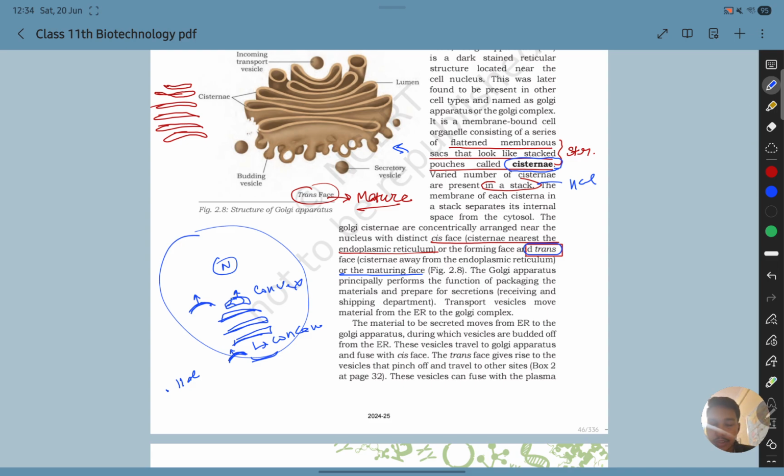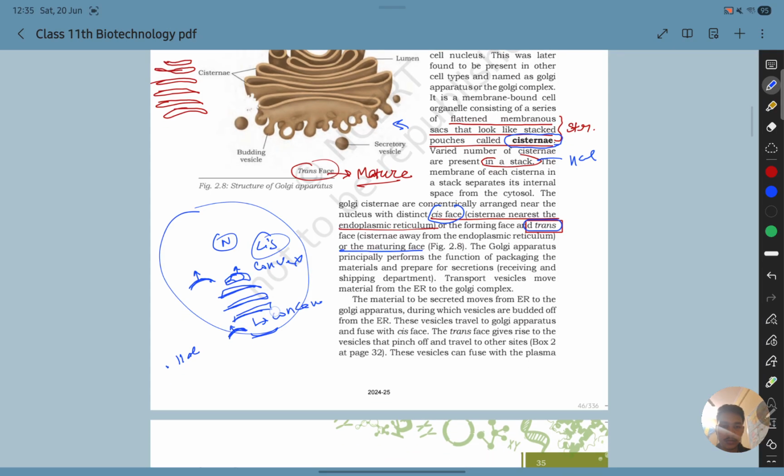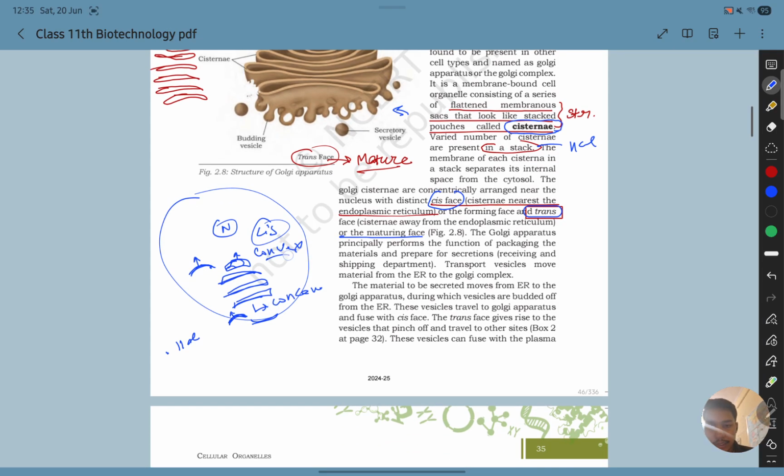The face which is near the nucleus is known as cis. The cis face is nearest to the endoplasmic reticulum, and the trans face is away from it. So the cis face is convex and the trans face is concave. Remember this.